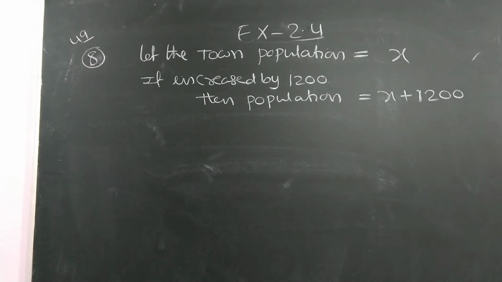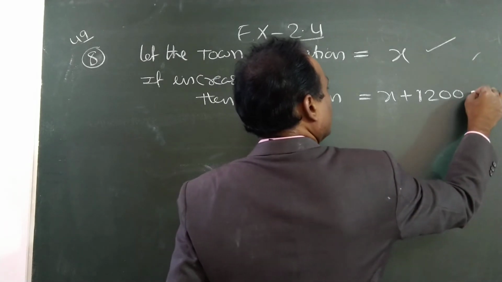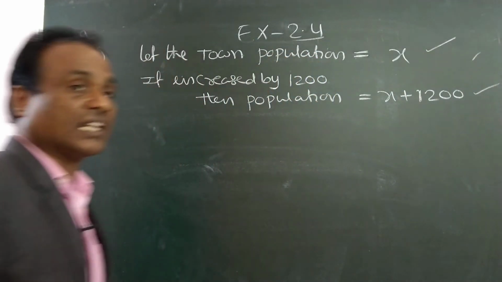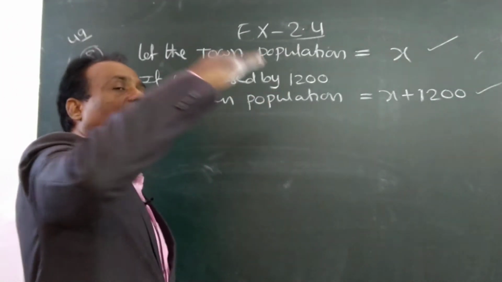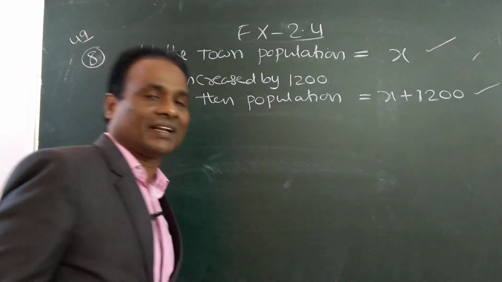So this is the original, this is increased. After 1200 people are added to the town, it became x plus 1200.